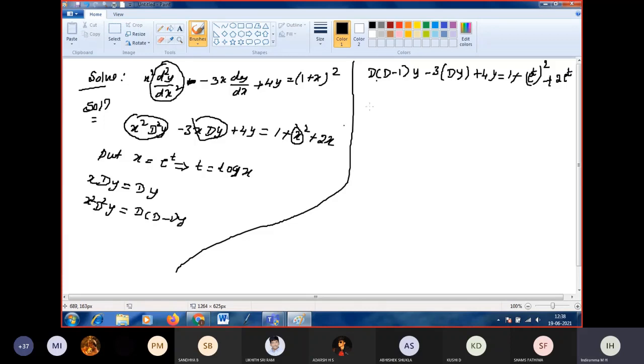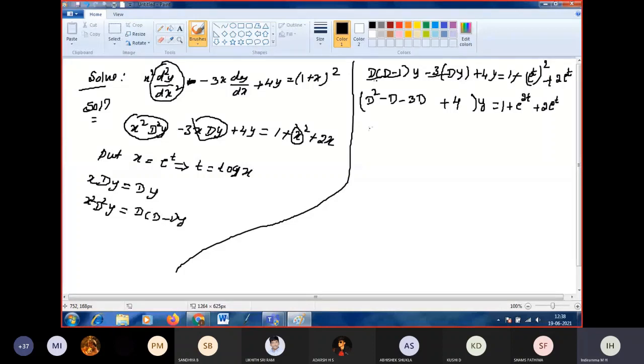Next take y common in the LHS. What is left here? D into (D minus 1), that is D square minus D. Next, minus 3D. Next, plus 4. The RHS is 1 plus e power 2t plus 2 e power t.